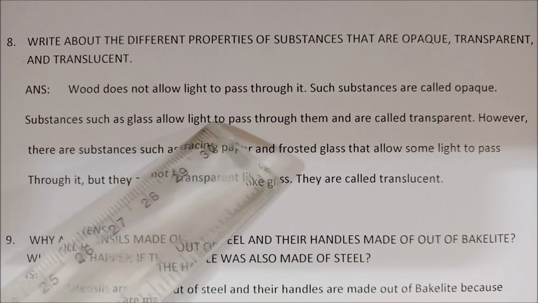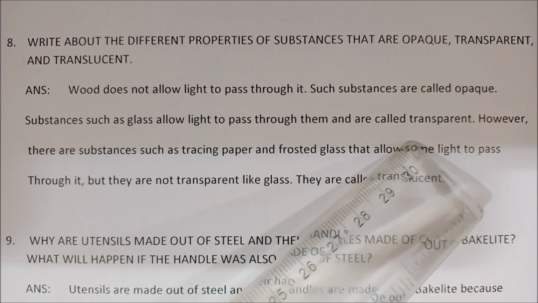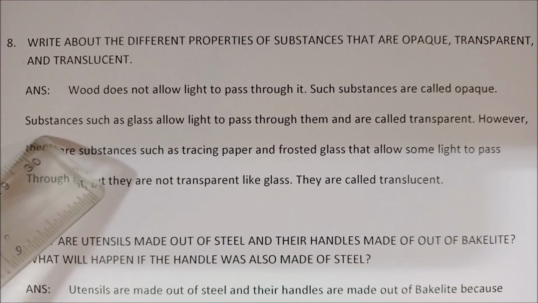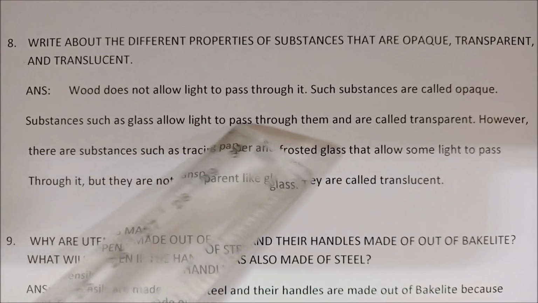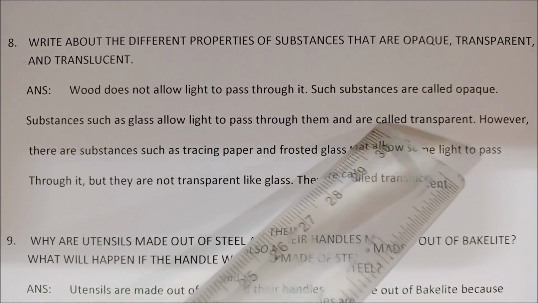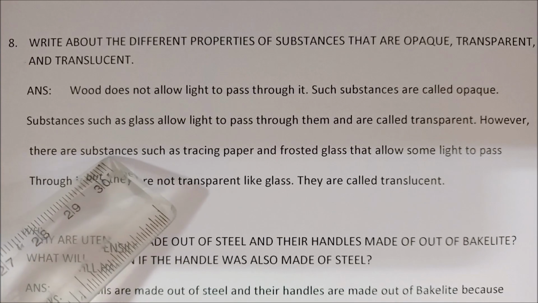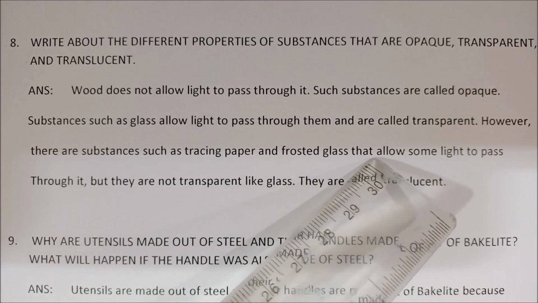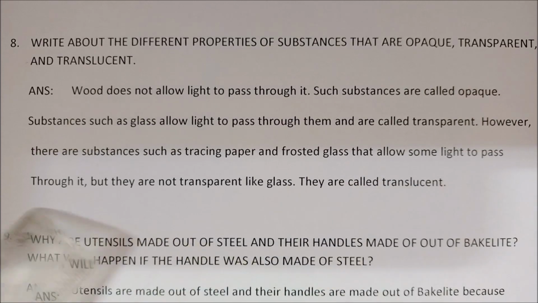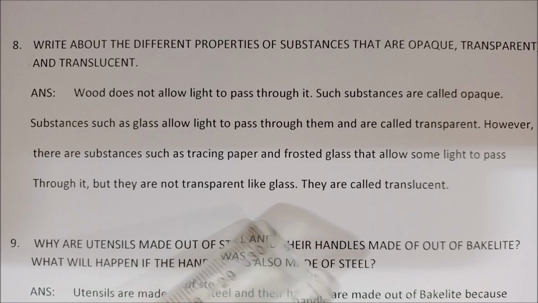Substances such as glass allow light to pass through them and are called transparent. I'll repeat it once again. Substances such as glass allow light to pass through them and are called transparent. However, there are substances such as tracing paper and frosted glass that allow some light to pass through, but they are not transparent like glass.